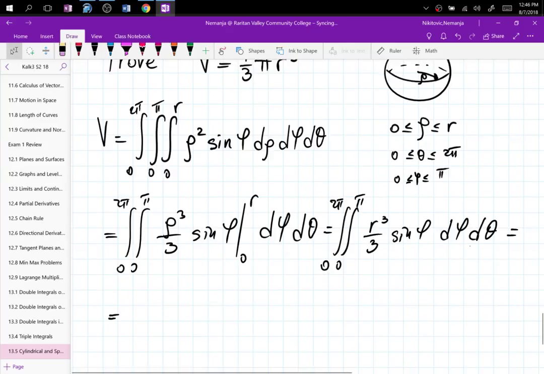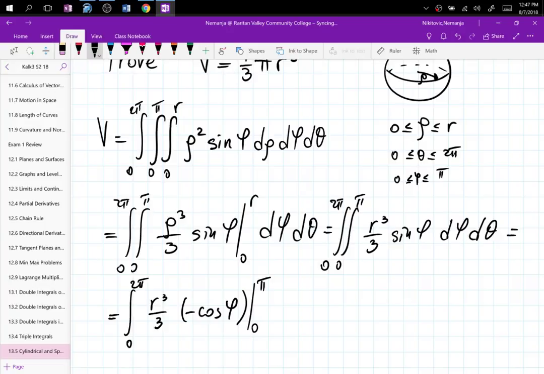Next one. You are integrating now with respect to phi. So r cubed over 3 is a constant you get to copy. So r cubed over 3, you copy. Integral of sine is a negative cosine phi, computed from 0 to pi.